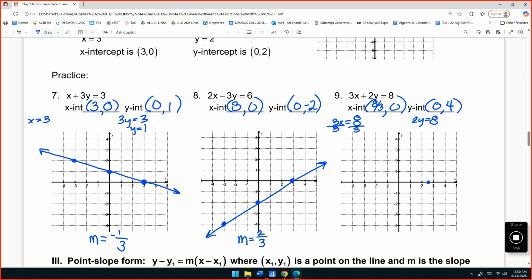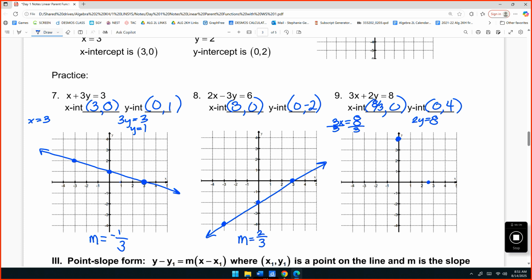So this one might be one where you say, you know what, I would just rather convert this to slope-intercept form, right? And I mean, you can. But I want us to try to find a shortcut. I would not lean on the fact that I'm just going to connect those points, because that's not too accurate, right?